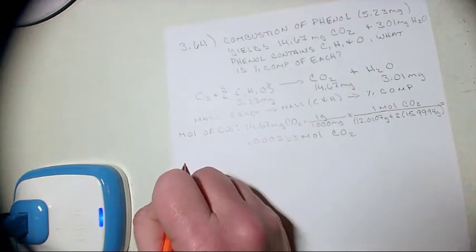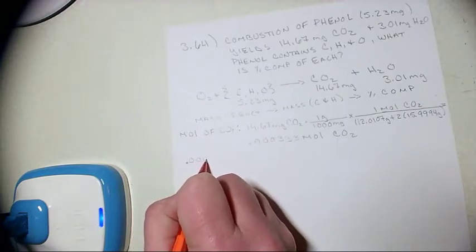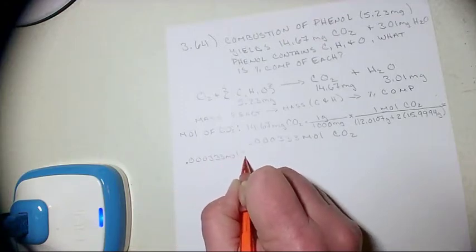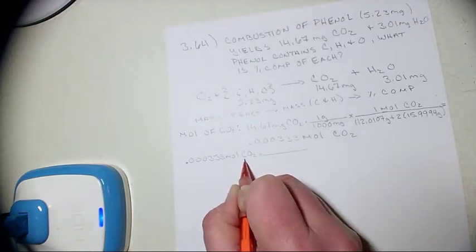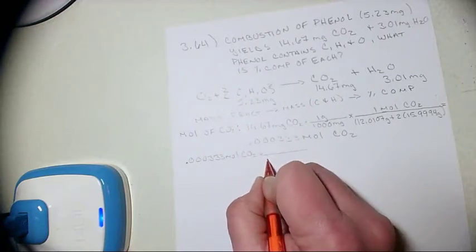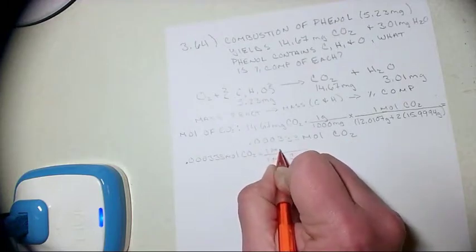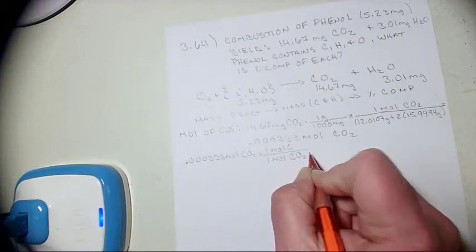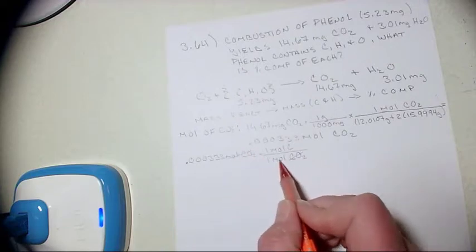So we come over here, I'm just going to start a little further over the left, 0.00033 moles of carbon dioxide times, there is 1 mole of carbon and 1 mole of carbon dioxide. Caught myself, because they have to cancel, otherwise I'd have moles of carbon dioxide squared and that wouldn't work.